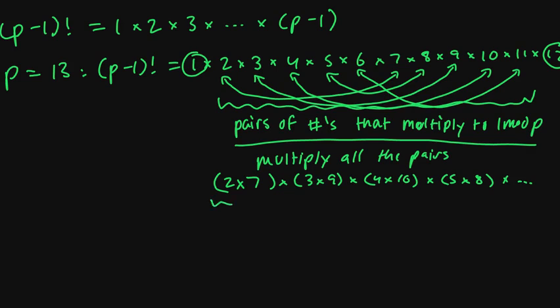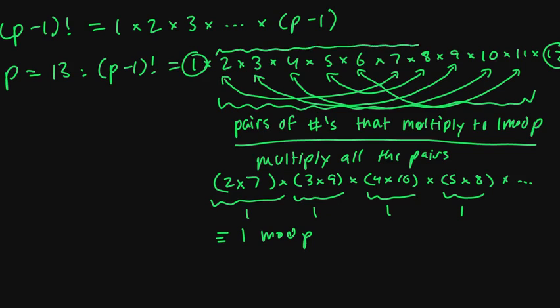Since each of these is effectively congruent to 1 mod p, this is congruent to 1 mod p too. So the product of all these numbers right here multiplies to 1 mod p.